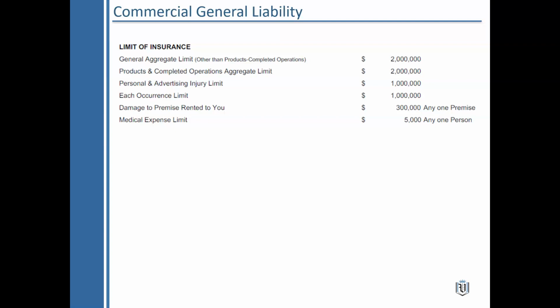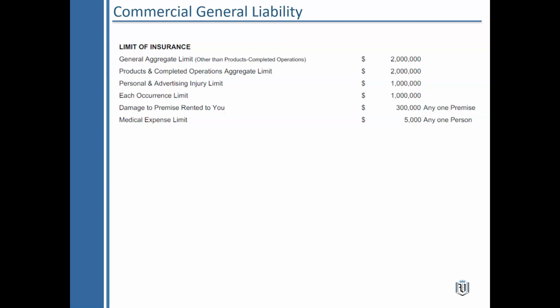Now, I'm not saying you're at fault. That doesn't matter. Sometimes that comes out later on when they do discovery and all that kind of stuff. But you can get named in a lawsuit by the mere fact of somebody on your premises preparing food. And so the product liability can also protect you as the food kitchen from a product liability claim.